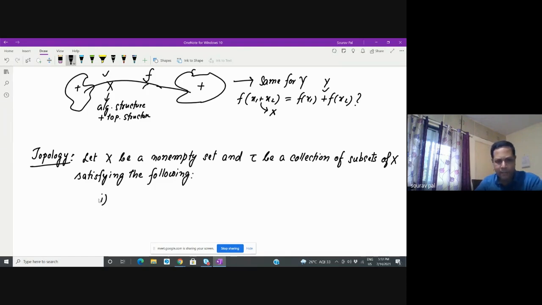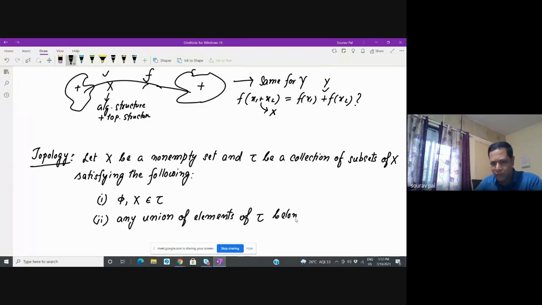Number one, the empty set, which is a subset of every set, and the whole set are there in the collection. Number two, it is closed under any union, meaning you take any union of elements of tau, it belongs to tau.